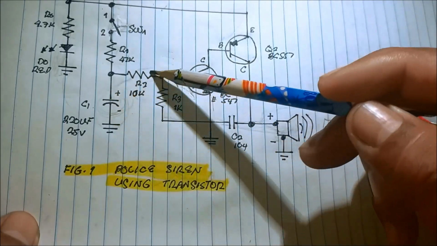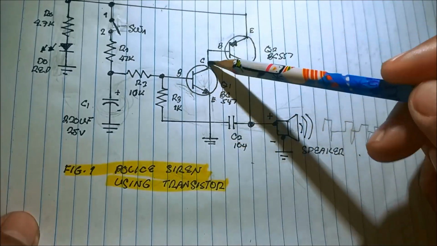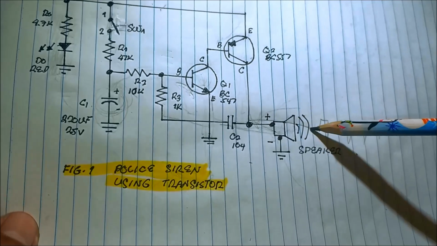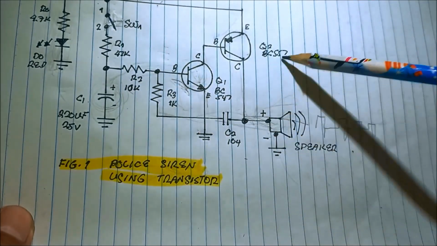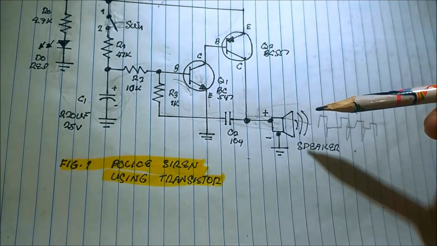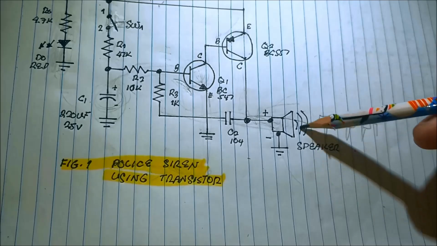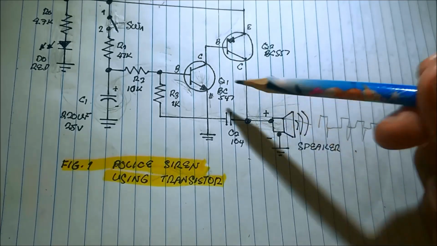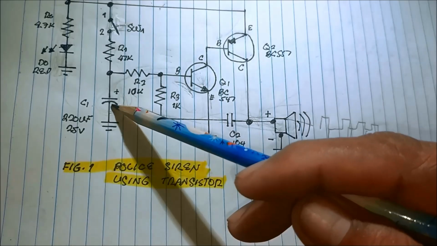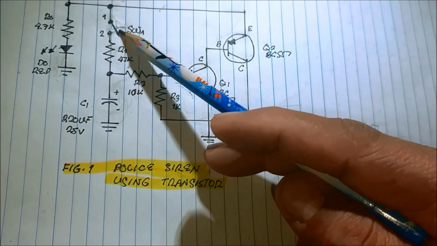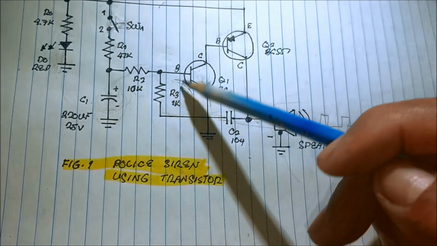It will discharge into the transistor, causing it to turn on, until eventually we don't have the sound, because the capacitor will fully discharge once we release the switch. So it will just serve as the power to the whole circuit.